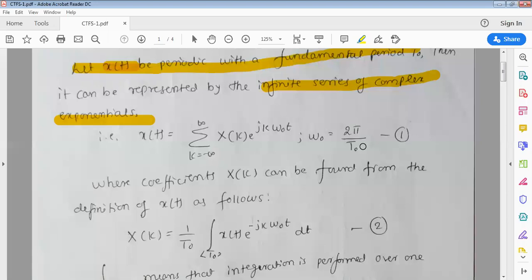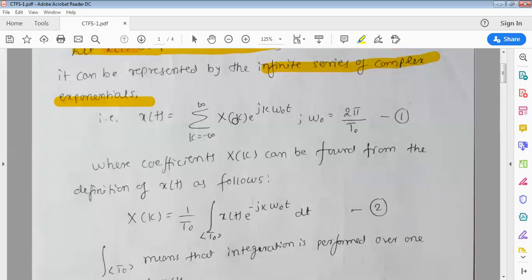Now how do you obtain x of k? x of k is obtained from x of t only. x of k is equal to 1 by T naught, where T naught is the fundamental period, integral over T naught. Remember this symbol indicates one complete period. Why one complete period? x of t is a periodic signal, and a periodic signal repeats itself over an indefinite amount of time.